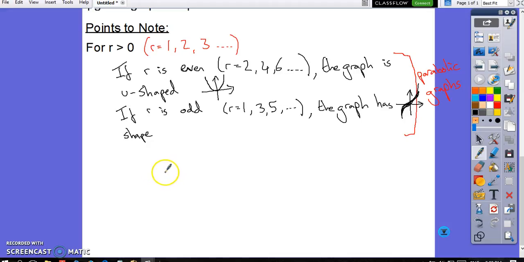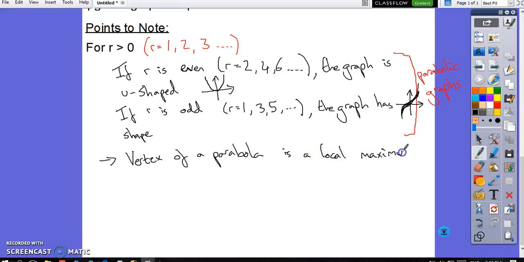So we have certain features of these parabolas. So these are things that we've noticed before. So the vertex of a parabola is a local maximum or minimum point. And this is something we've already looked at in the context of quadratic functions. Here we have a vertex here.